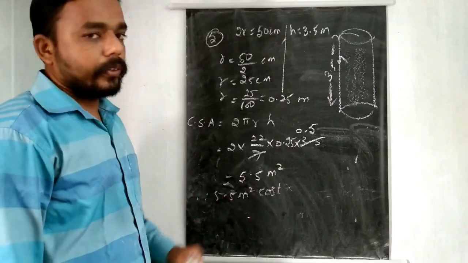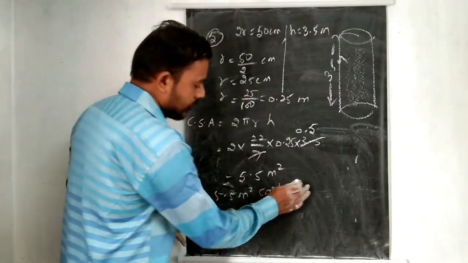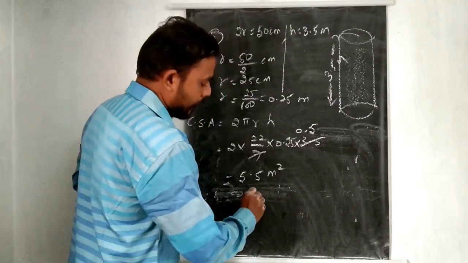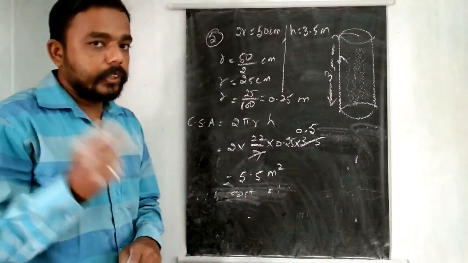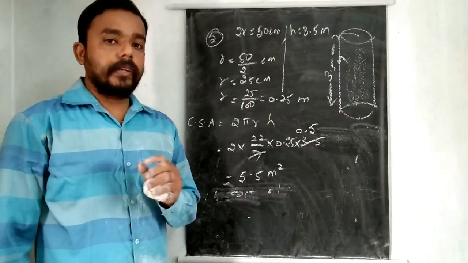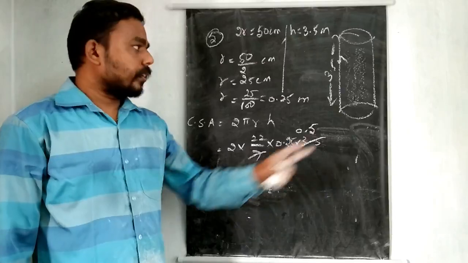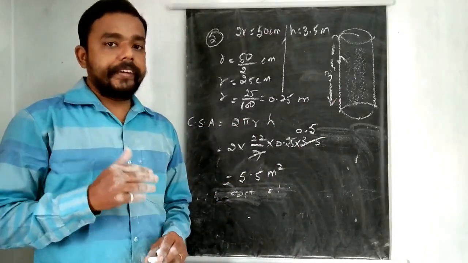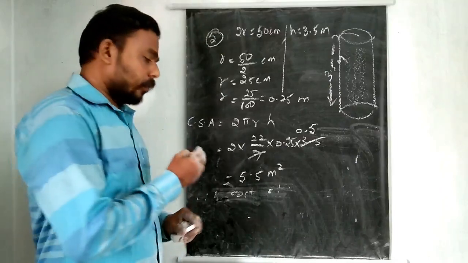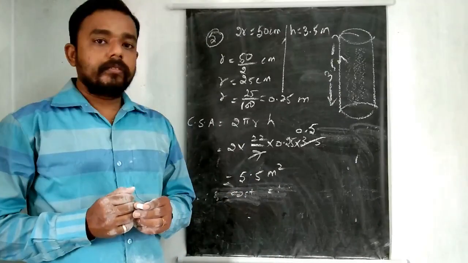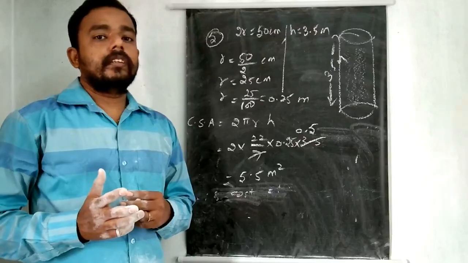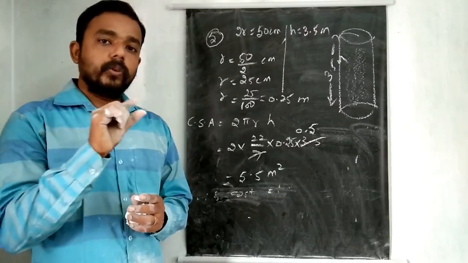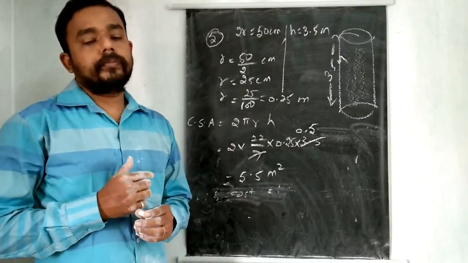Therefore the cost of the pillar at the rate of 12.5 per meter square. Yes, we need to write the sentence. Just write this, but we need to write it as the cost of the pillar. What we want is to paint. The total area is 5.5. So that is the right side value. So we need to frame the sentence.